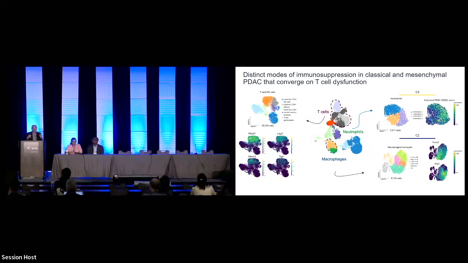And I think the striking feature here is that we have very different TME states, very different immune cell infiltrations, but in the end, they all converge on immunosuppression. And that's shown on the left-hand side. So the T cells have a dysfunctional phenotype in all of these different models.